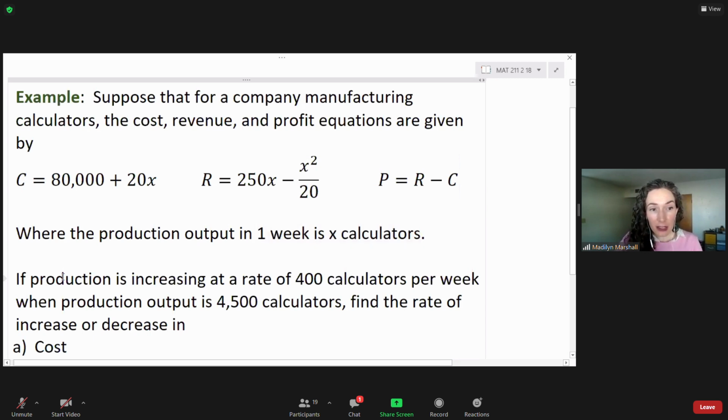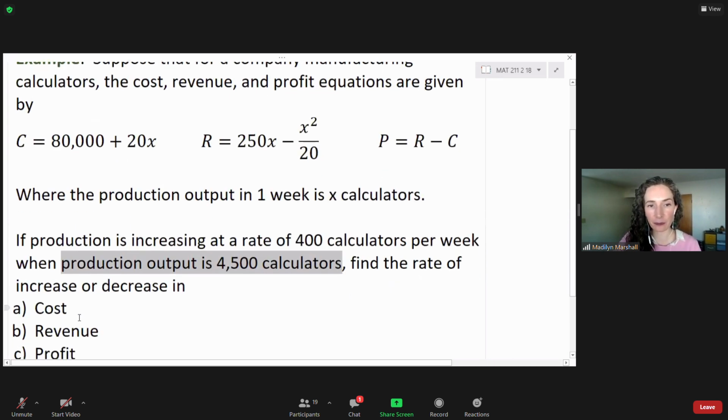Production is increasing at a rate of 400 calculators per week, so we're making more and more calculators every week. At the time that we have an output of 4,500 calculators, we want to find the rate of increase or decrease in cost, revenue, and profit.